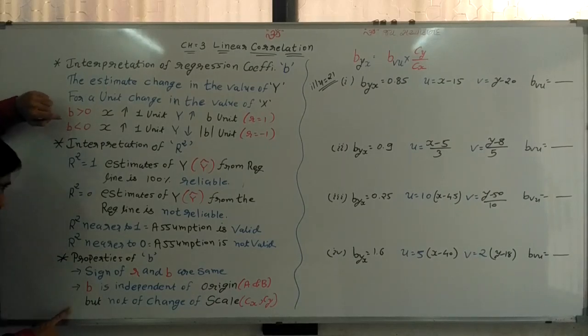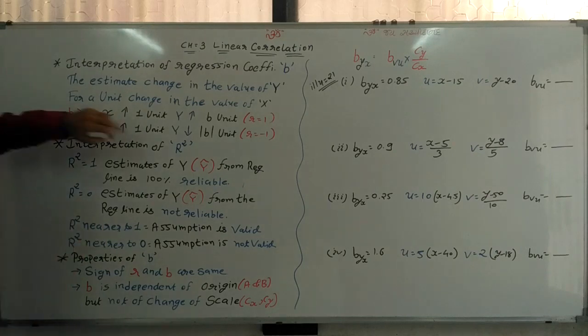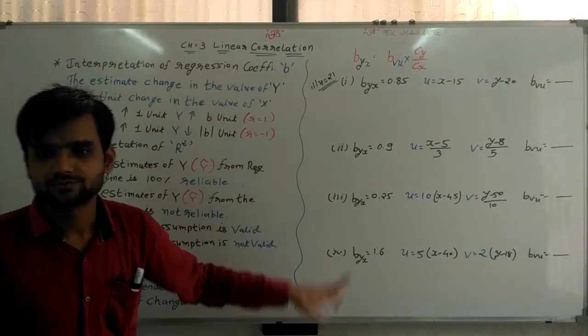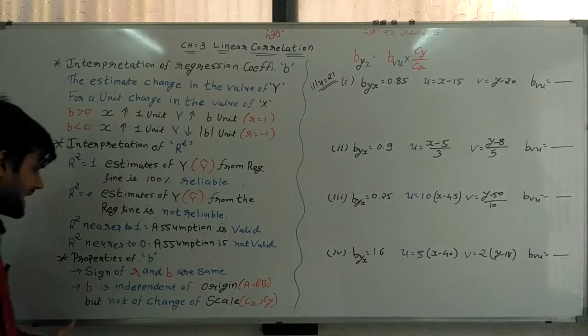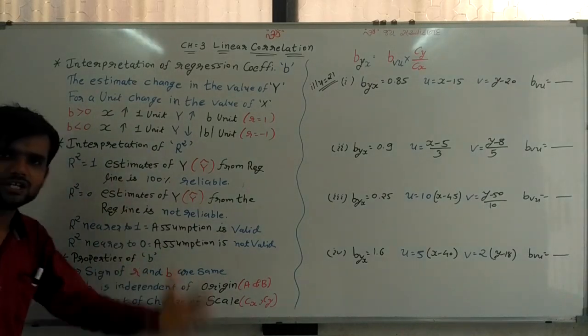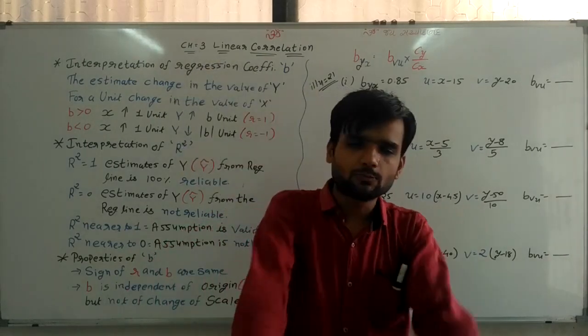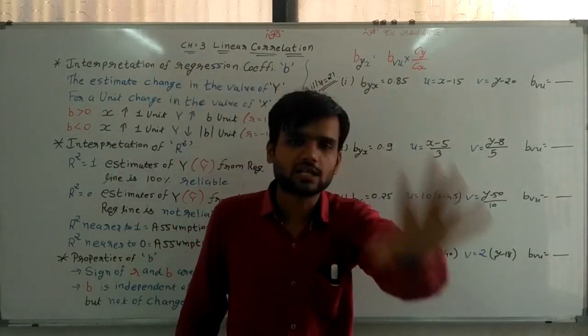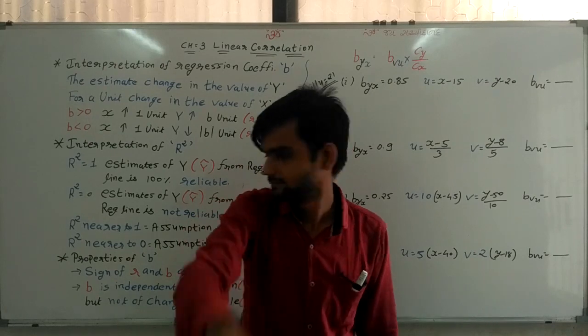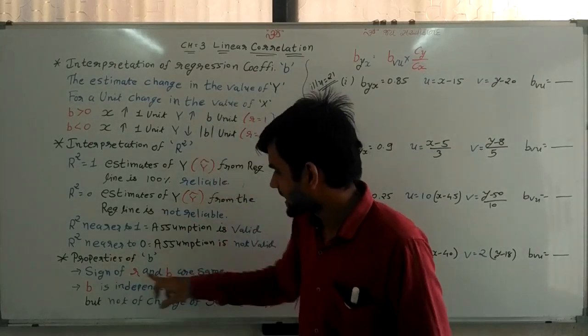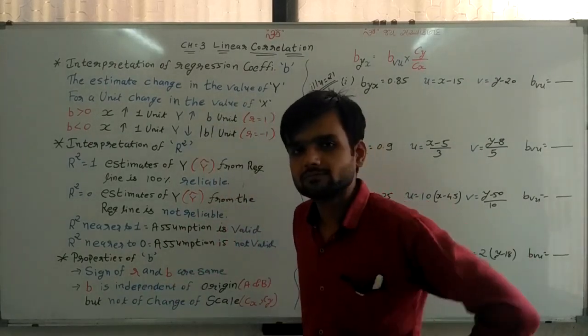Now the last thing, on which basis we are doing these sums. This is the last property of B, the property of the regression coefficient. Only two properties are given. One, the sign of R and B is always the same.